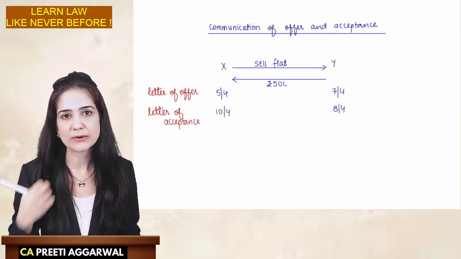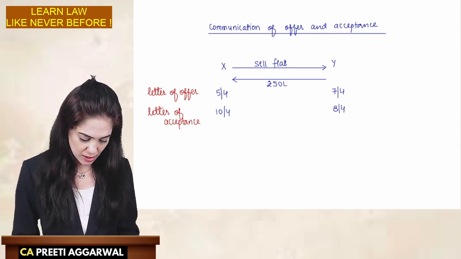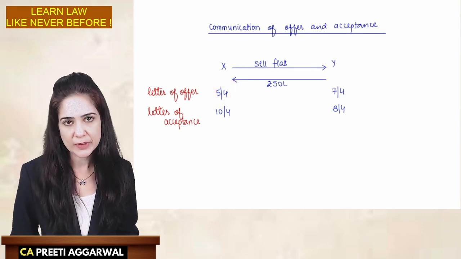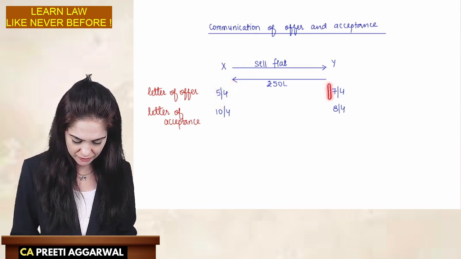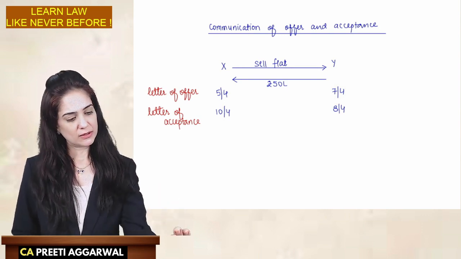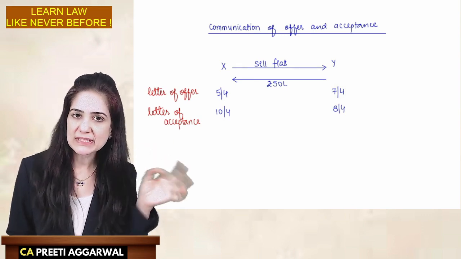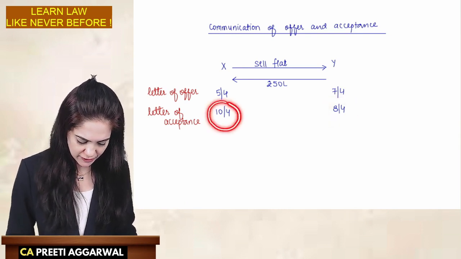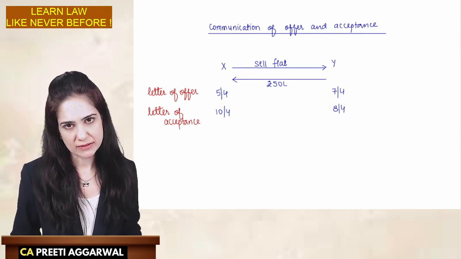Did you notice how I wrote the dates? Pay attention. X posted the letter on 5th of April and the offer letter was received by Y on 7th. Y read the letter, he wrote his letter of acceptance, posted it on 8th, which reached X on 10th.